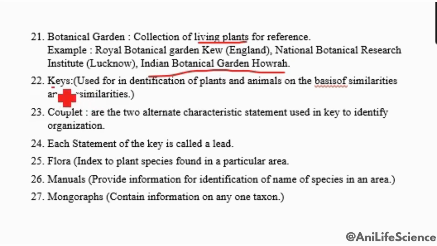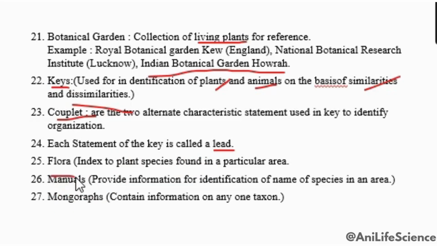Another tool called a key helps identify plants and animals by comparing their similarities and differences. A key consists of pairs of statements called couplets, and each statement in a pair is called a lead.